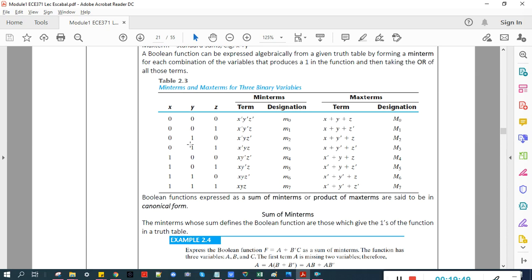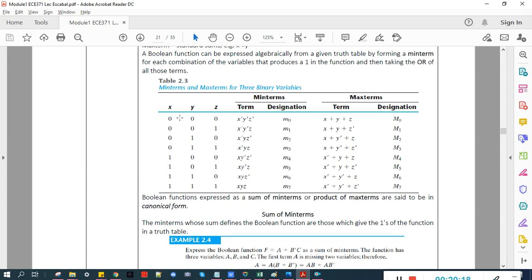Then since it's 1 and 1 for y, z, we take them as is, which is y and z. 0, 1, 1, the equivalent mean term for that is x prime, y, z, and it is denoted by the small letter m, with the subscript 3. This is in the right order.